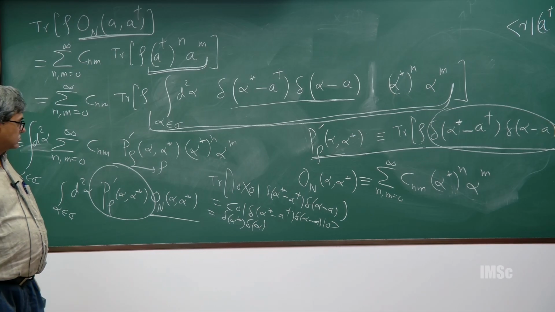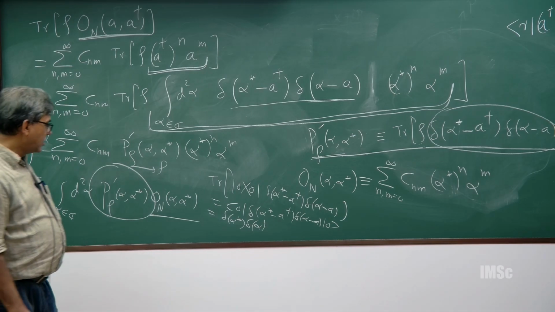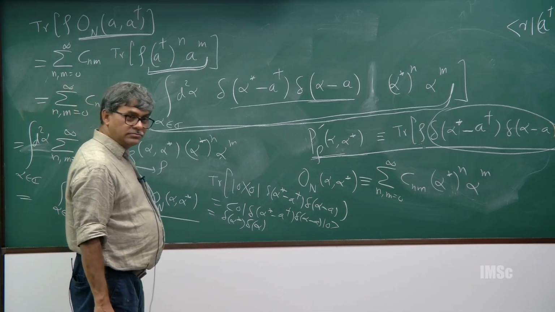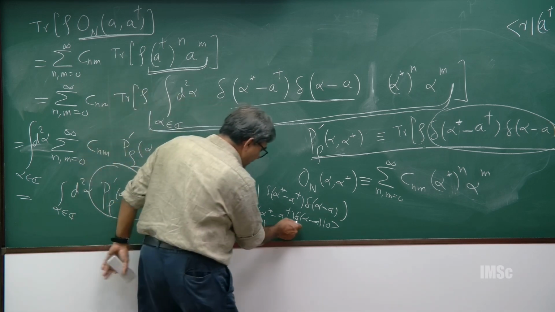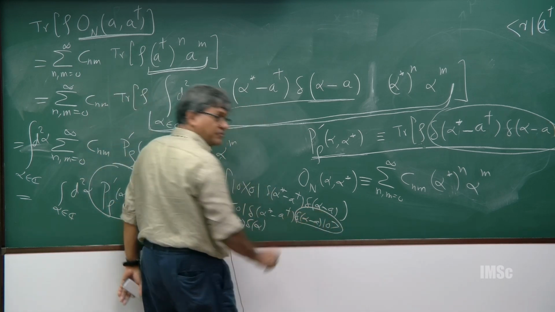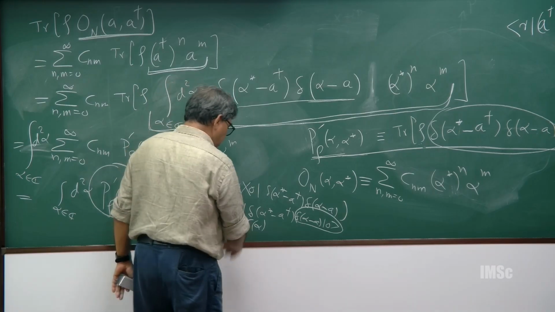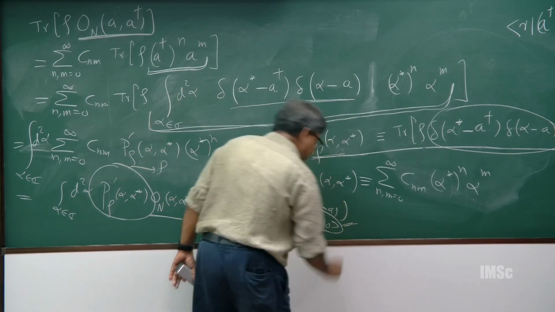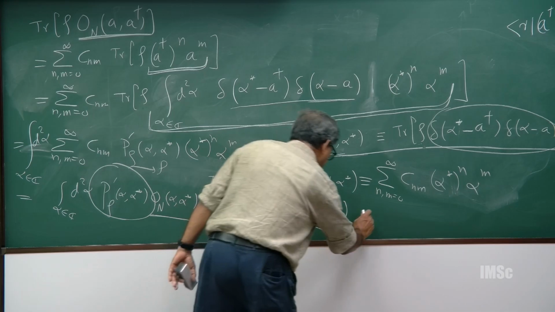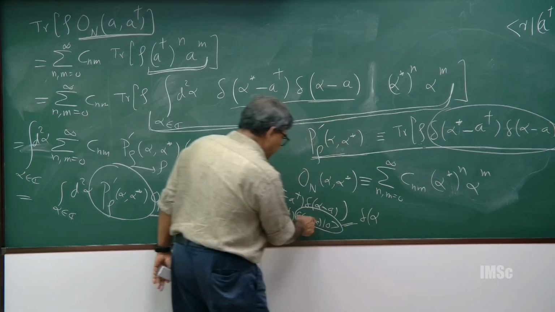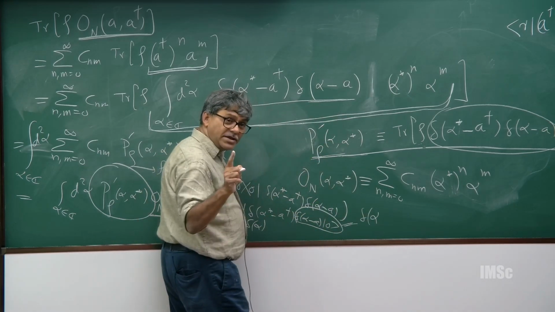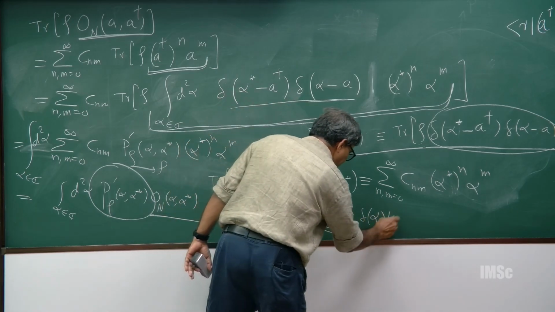How did this step happen, I mean, this delta function of a scalar times identity minus A? Well, what is this one? This is delta of alpha, because A acting on 0 gives you 0 eigenvalue. So, delta of alpha, 0, right.